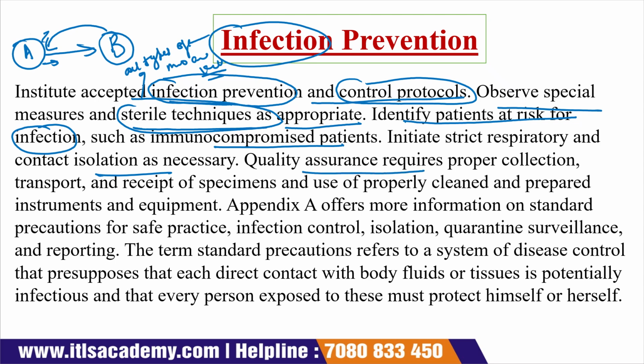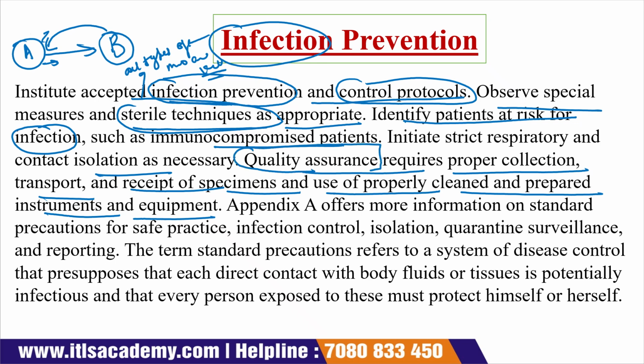Quality assurance requires a proper collection, transport and receipt of the specimens, and use of properly cleaned and prepared instruments and equipment. We all know that there is a difference between quality control and quality assurance.